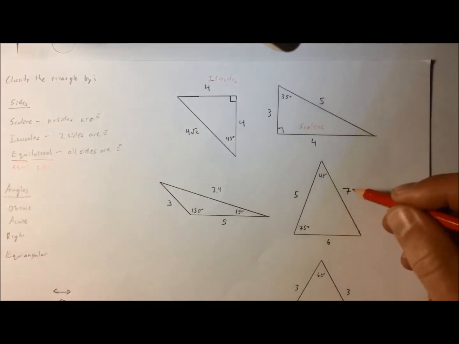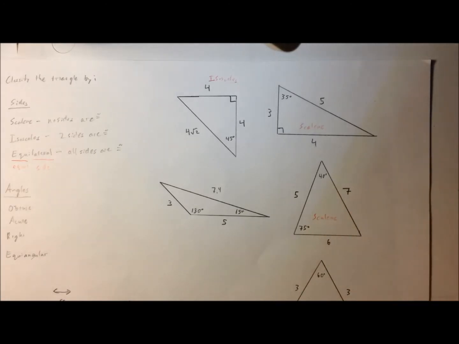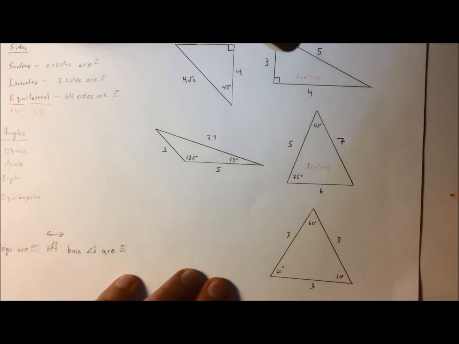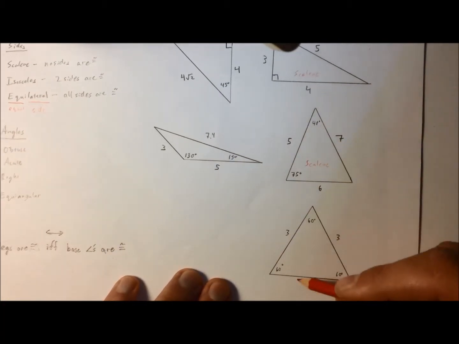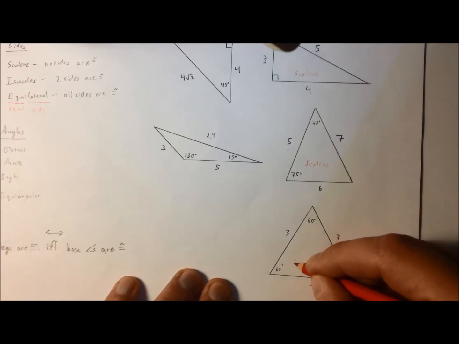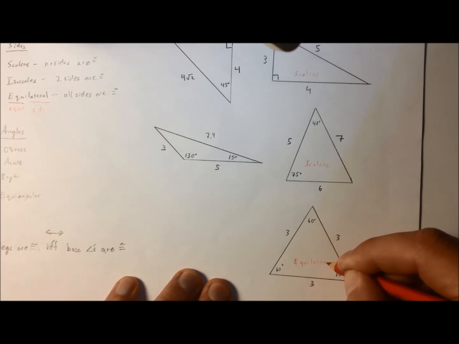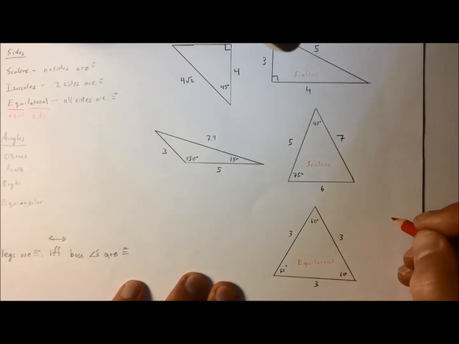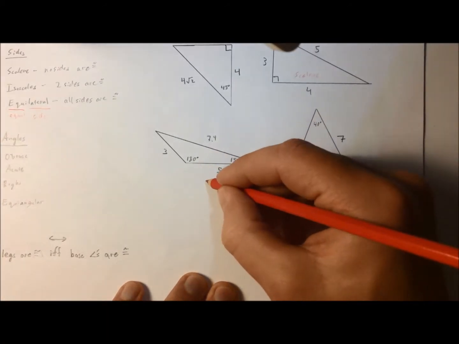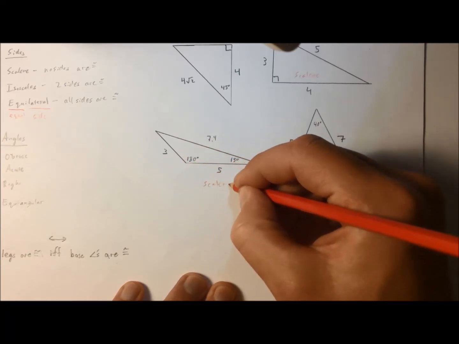This one right here, no sides are the same, so this is also scalene. If you look at this triangle right down here, all three sides are the same. And if all sides are the same, it's equilateral. And if we look at this one right here, no sides are the same, so it is scalene.